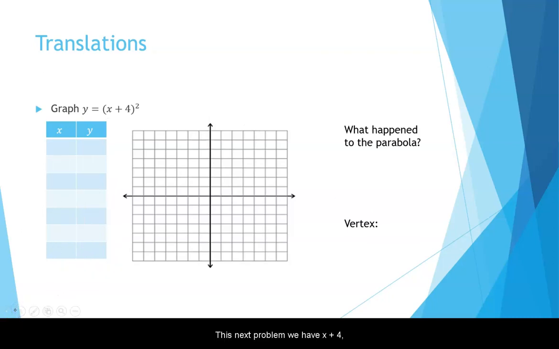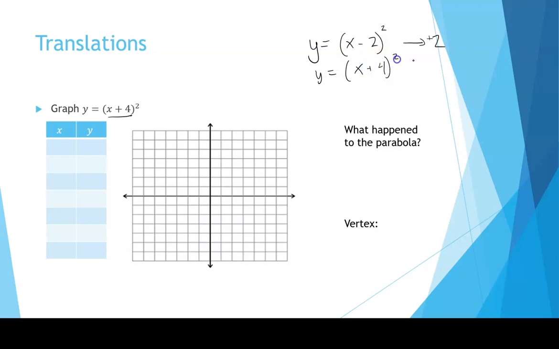This next problem, we have x plus 4, again, inside the square symbol, so it's in close with the x. Since y equals x minus 2 squared shifted it to the right 2 places, I'm going to guess that y equals x plus 4 squared shifts it to the left 4 places.